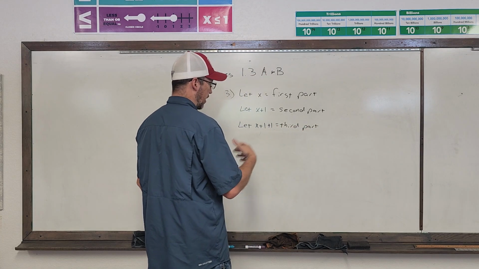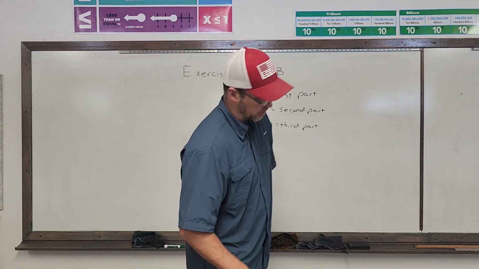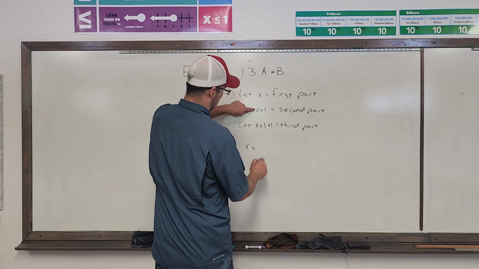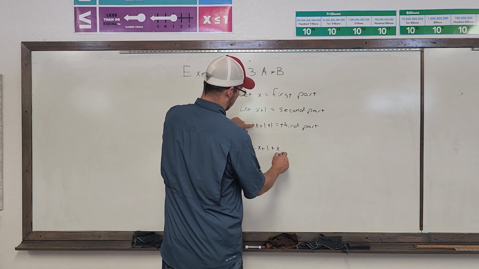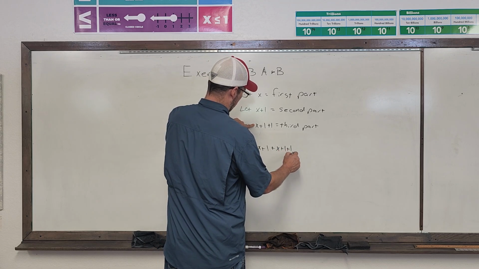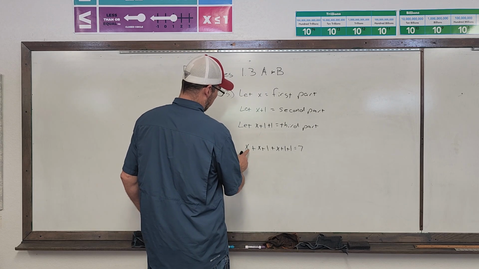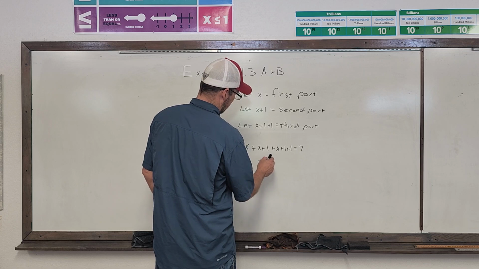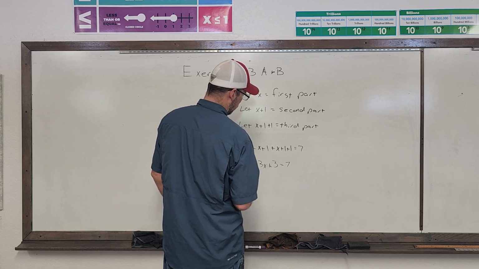Now when I add all those three parts together, I should come back to a total of 7 inches. So x plus x plus 1 plus x plus 1 plus 1 equals 7 inches. Combine like terms: 3 x's, so I get 3x plus 3 equals 7.